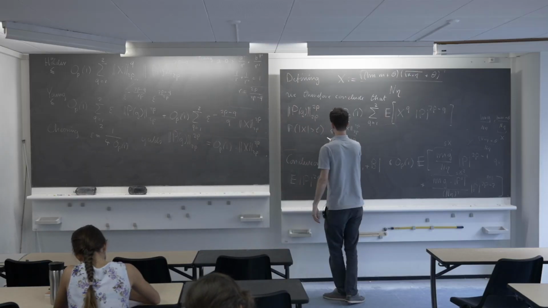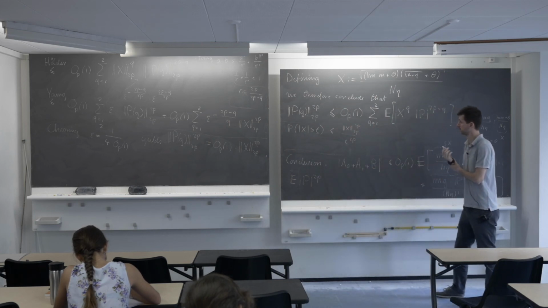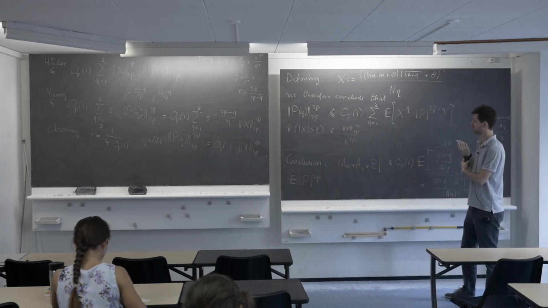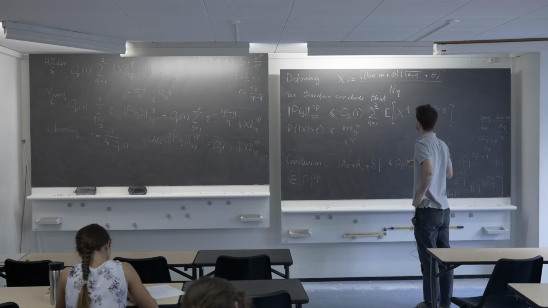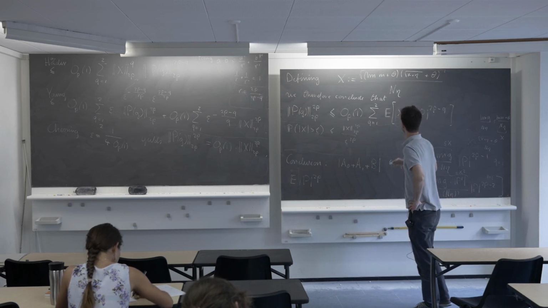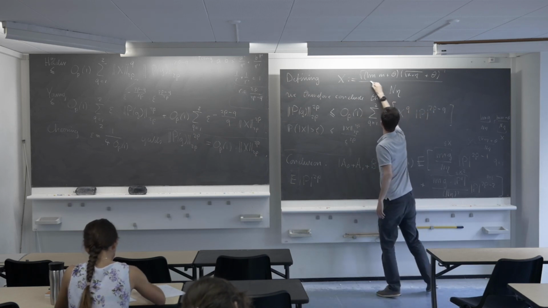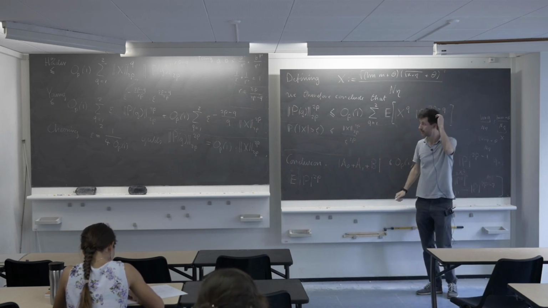Except this t has to be a deterministic number, and this quantity here is not deterministic. So what we would really like is to replace this x with a deterministic bound that we can use as t here.